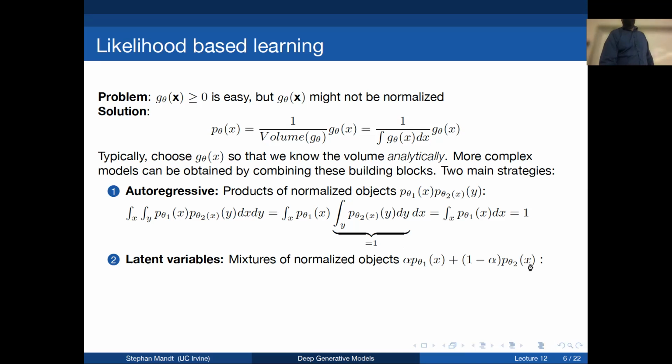If we want to compute this normalization, the integral of the sum of these two distributions is just the sum of these two integrals. In both cases, I can pull out these constant factors, alpha and 1 minus alpha. The individual components are integrating to 1, and so I'm just getting alpha plus 1 minus alpha, which equals 1. And so that was essentially how we dealt with the normalization problem in latent variable models.